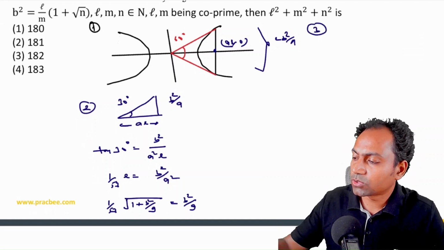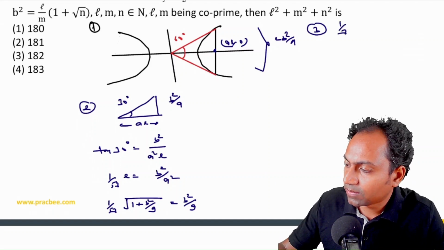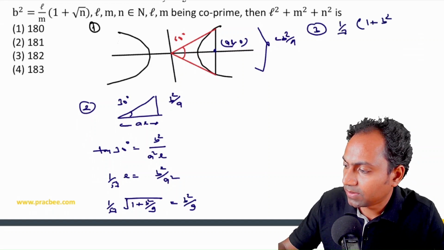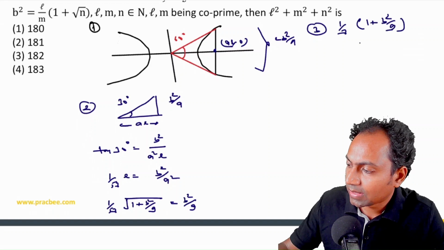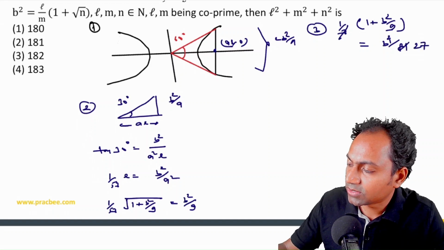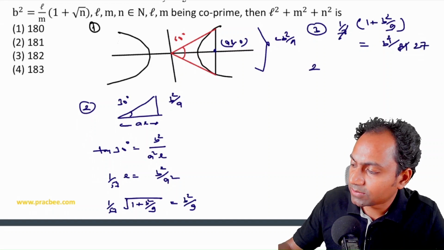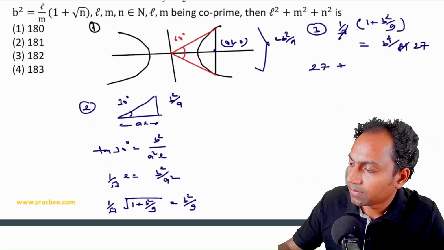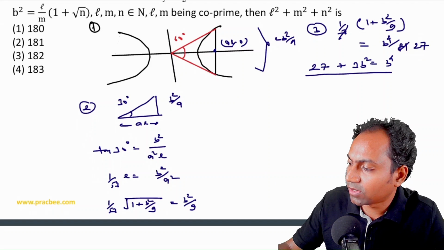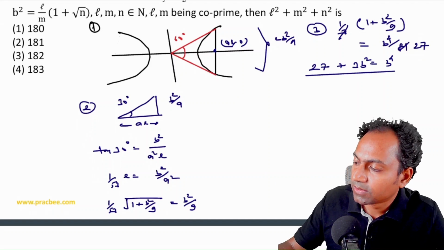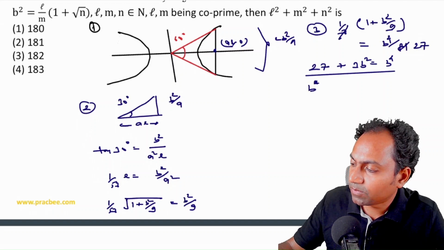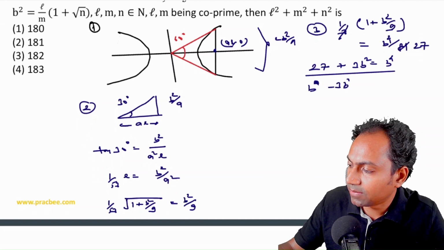If you take this and square it, this becomes 1 by 3 into 1 plus b square by 9, and the right hand side becomes b raised to the power 4 by 81. This 3 I can cancel out, it will become 27. If I cross multiply, this becomes 27 plus 3b square equal to b raised to the power 4. So we have got a quadratic equation in b square. If I write it down, b raised to the power 4 minus 3b square minus 27 equal to 0.